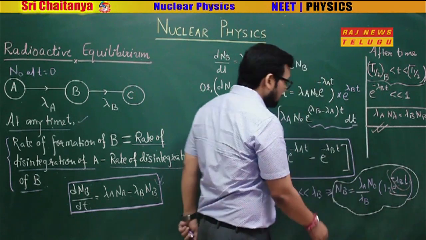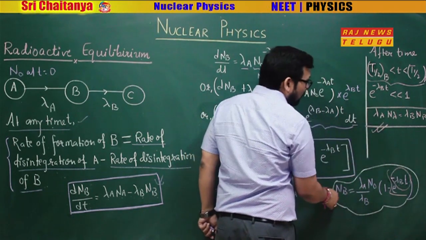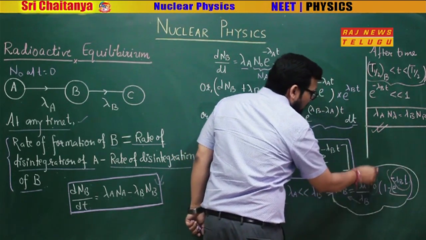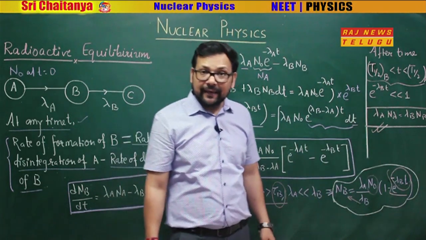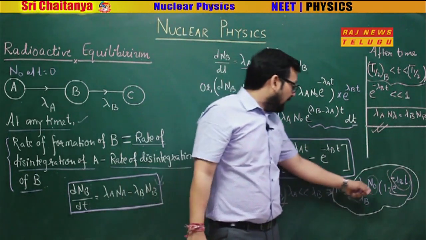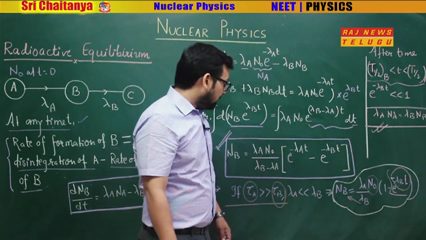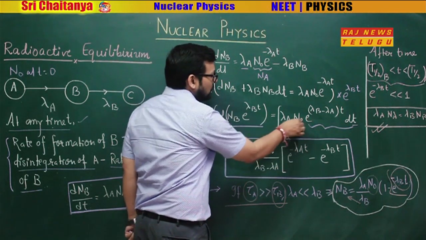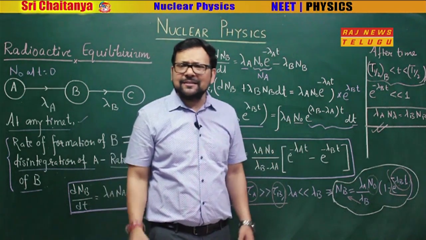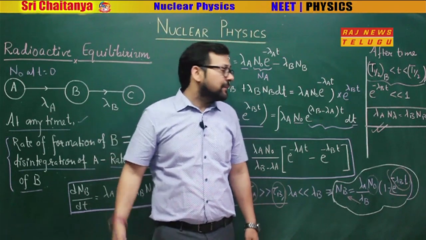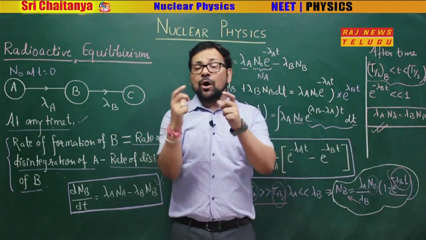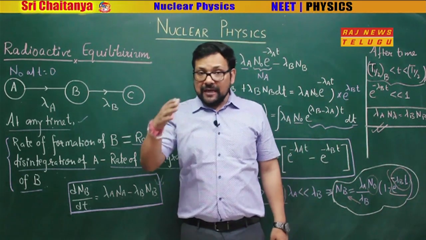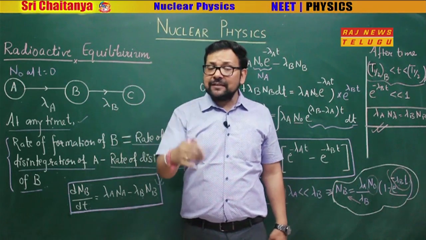And in that case, cross multiply: lambda A NA is equal to lambda B NB. N naught was NA at T equal to 0, so lambda A N naught becomes lambda A NA. So this is the most common form of radioactive equilibrium: lambda 1 N1 equals lambda 2 N2. You most often will see this equation.